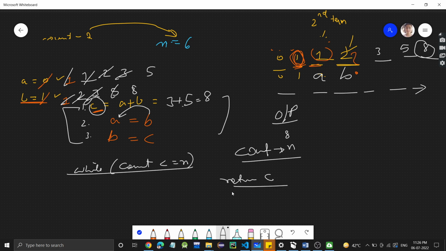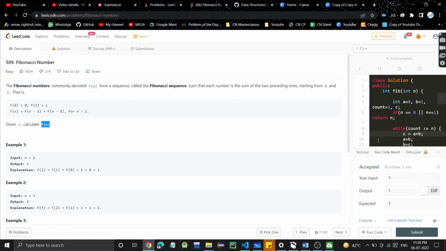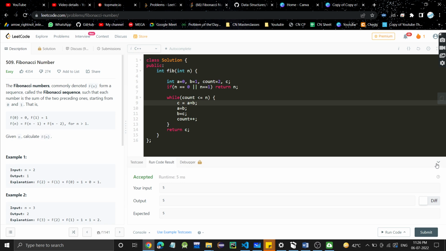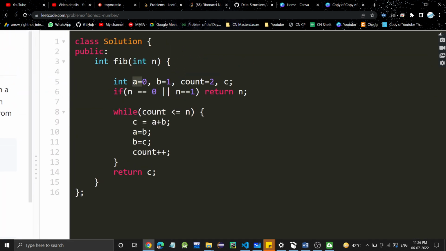Okay, so I hope you understood the approach. Let's see the code once. So see, it is a very simple code. We have taken A as 0, B as 1, count starting from 2, and a C variable. If n is 0 or n is 1, then obviously return n, because the zeroth term is 0 only and the first term is 1 only.